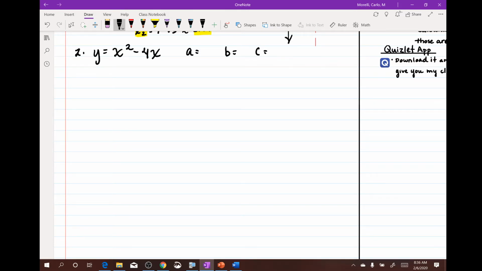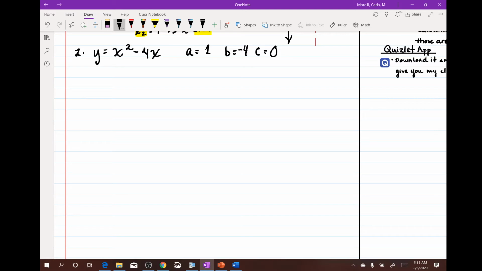Okay, let me ask my Algebra 1 students only to answer. What is A? 1. What's B? We haven't seen one like this. What's C? 0. Good intuition. C is 0. The y-intercept is 0.